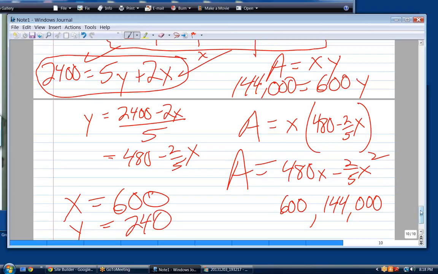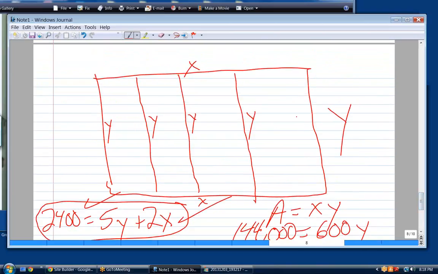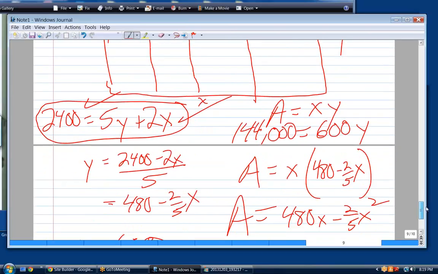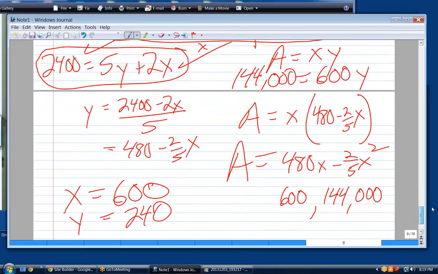So that's the dimensions. Each of these are 240, and the whole thing is 600 wide. Don't erase that just yet. Okay? You want me to show it all there? Yeah.